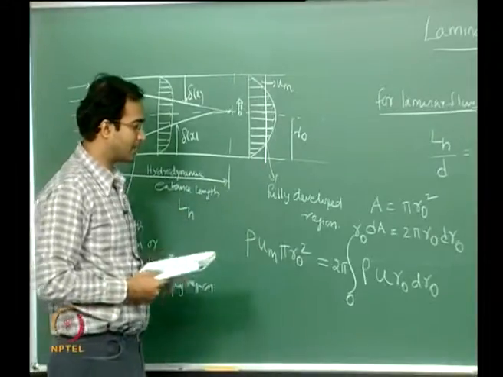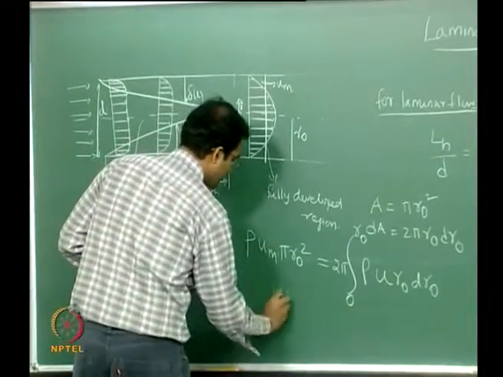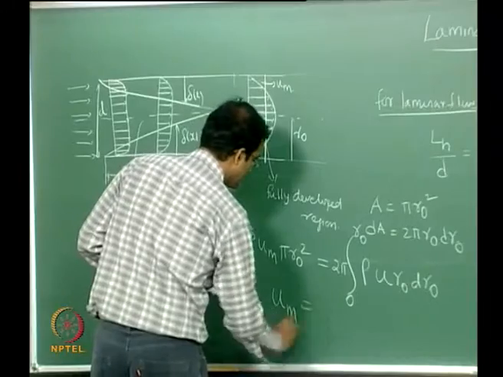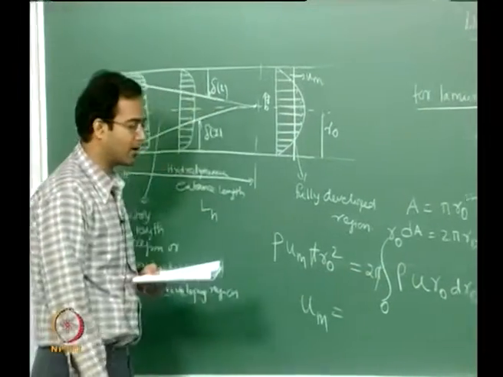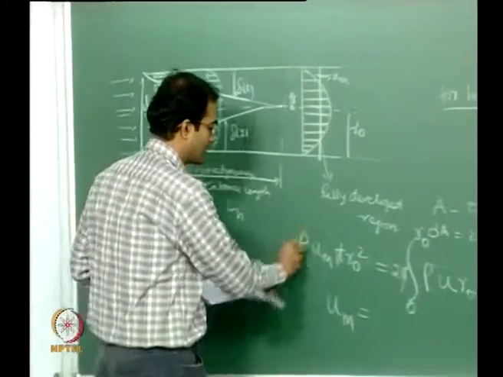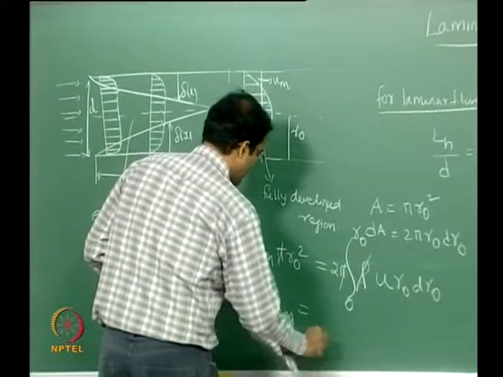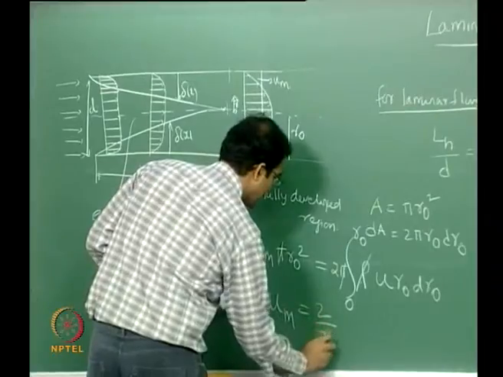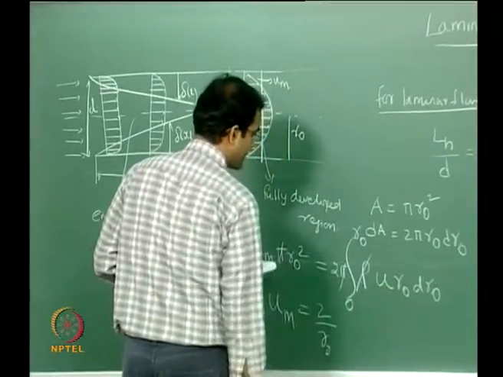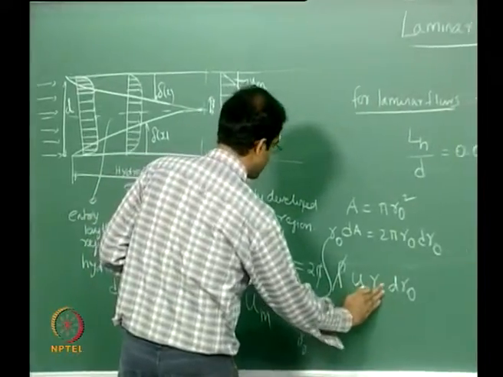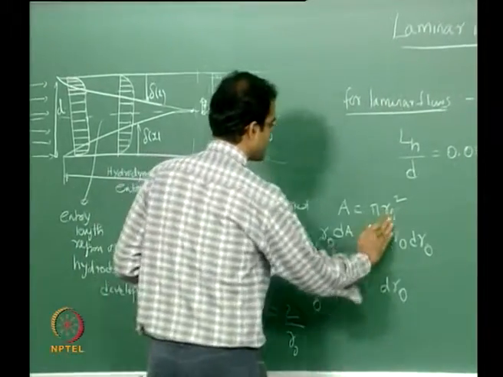Okay, so from this I can define my mean velocity or the bulk velocity. Okay, my pi cancels, and if you look at incompressible flows, my density is also constant. So therefore this will be 2 by r naught square. So here my r naught, so this is basically my r, I'm sorry, this is pi r square.